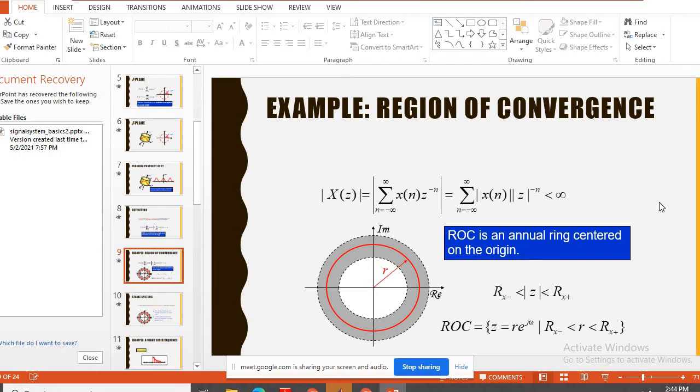In general this Z plane is treated this way. This is the Z plane and one circle is shown. Conventionally it is called a unit circle. A circle with radius 1 is considered as a reference circle.